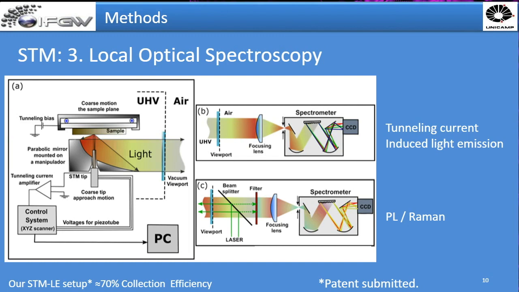So we have about 70% of collection efficiency, and this light is directed to the outside of the UHV chamber, and we can do several things with this optical access.